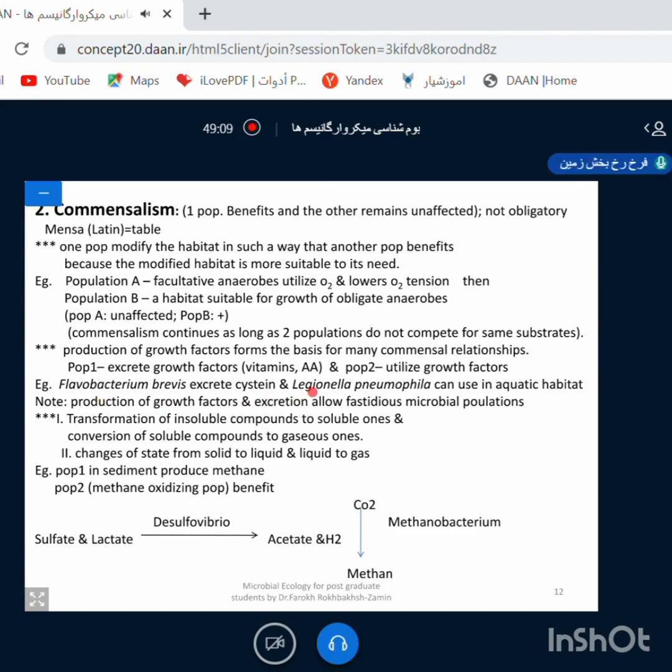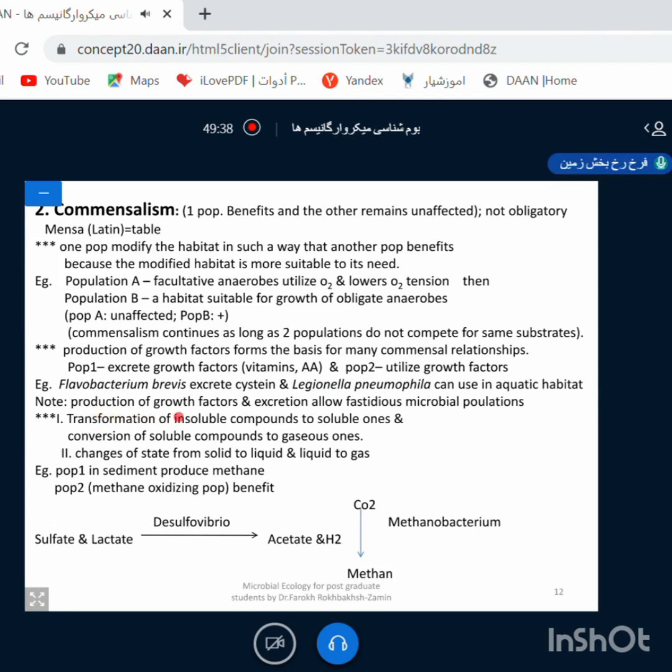But Legionella is very happy to be with Flavobacterium because they need cysteine. So in this interaction, Flavobacterium is 0 and Legionella is plus, a positive interaction.